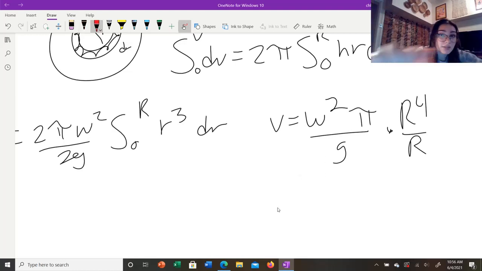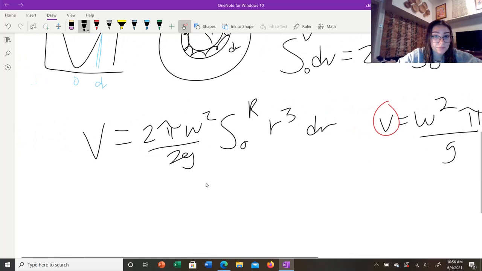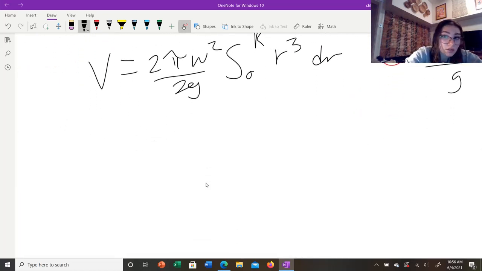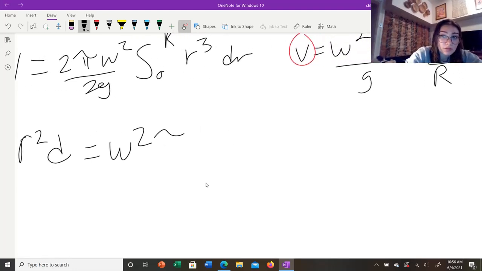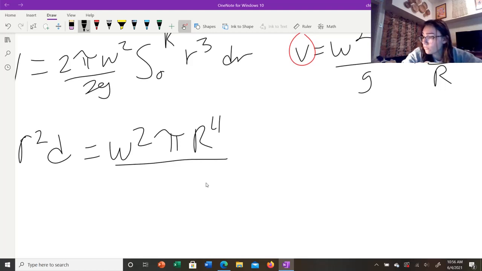From here, we're going to substitute the volume for pi R squared times D. So V equals pi R squared times D, and that equals W squared pi R to the 4th over 4g.